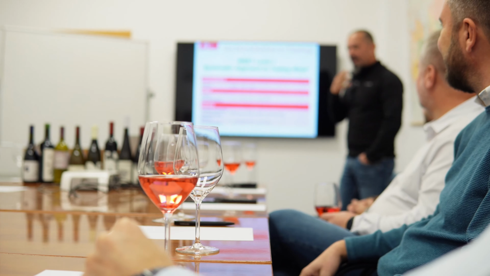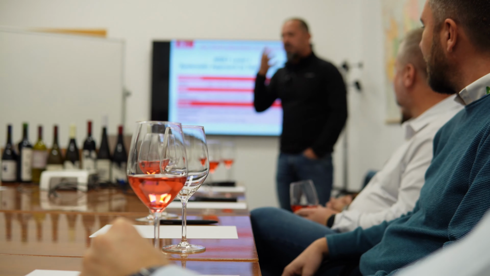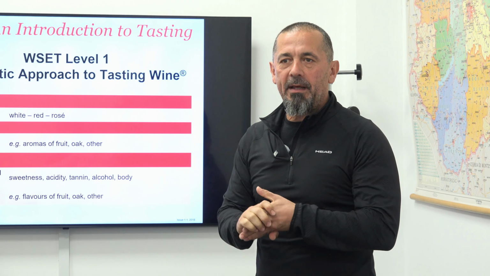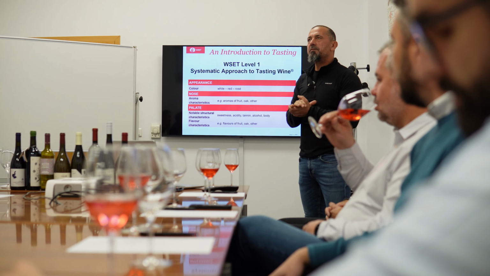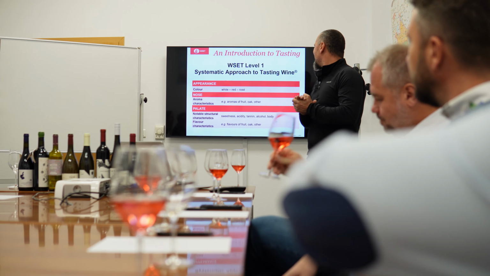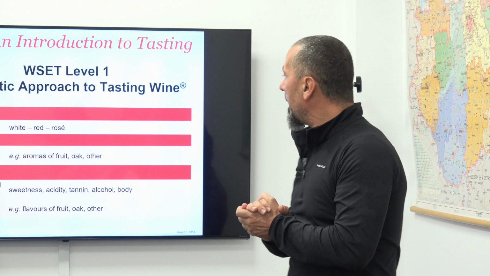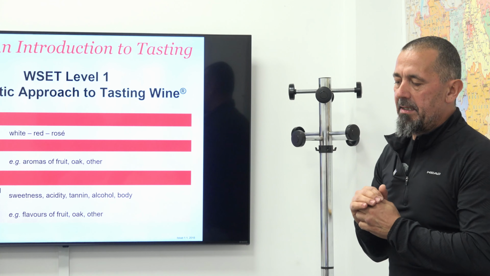And again, the acidity is how the saliva is detected, so it's very, very fresh. The alcohol is mediumish, around 12, and the body is medium, a bit more. So this is the structure of how we taste wines.